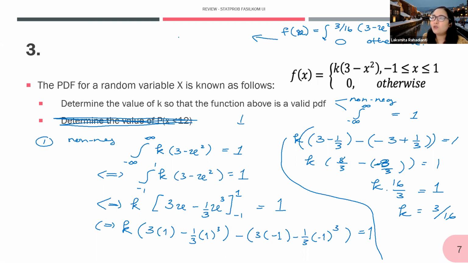I could either ask you to compute a certain probability, like maybe what's the probability that my random variable is between, in this case, we can only count from -1 to 1. What's the probability that it is between 0 and 1? What is the probability it is between 0.5 and 0.7? Whatever value I can have here, I can ask you to compute the integral.